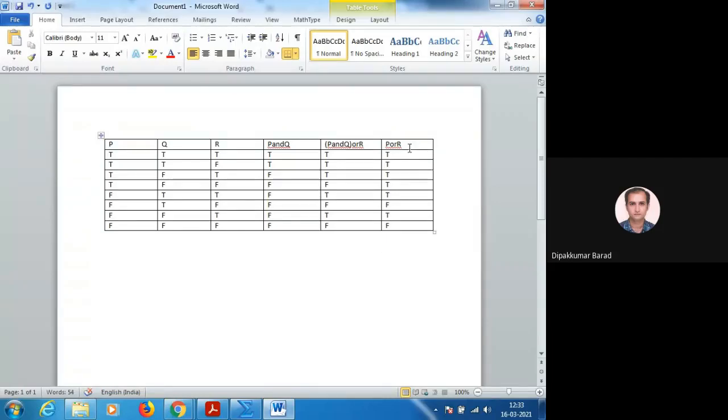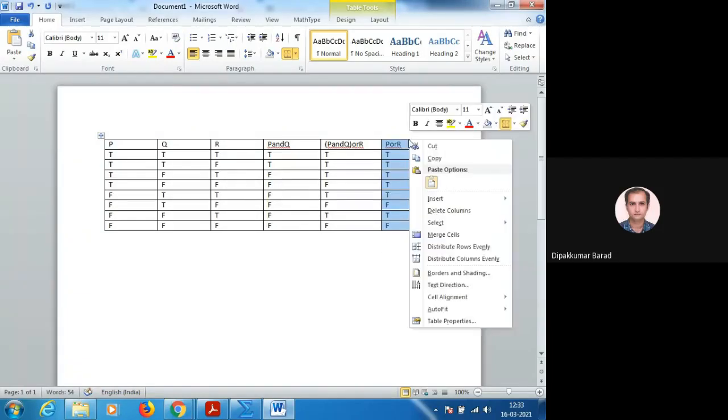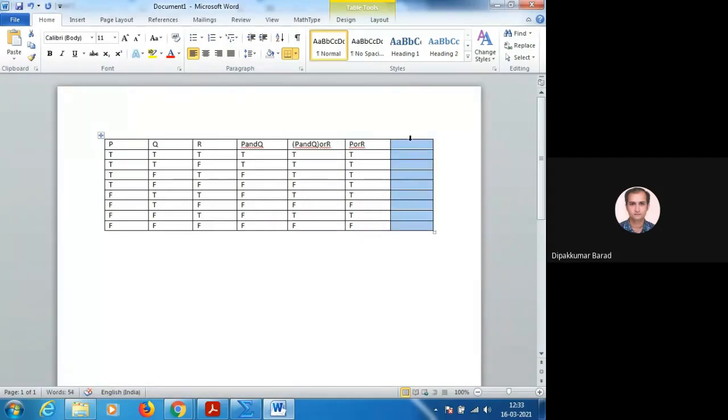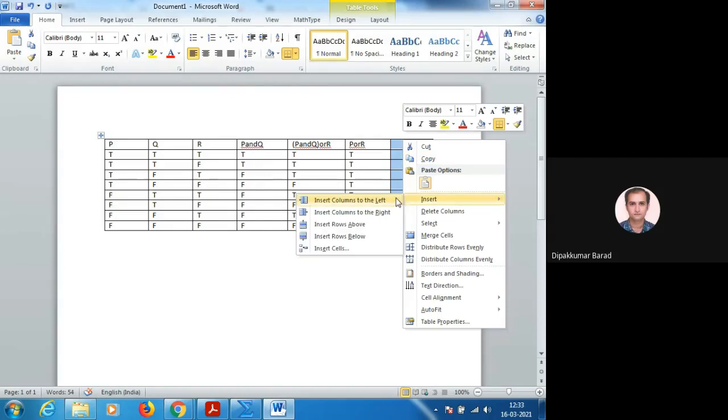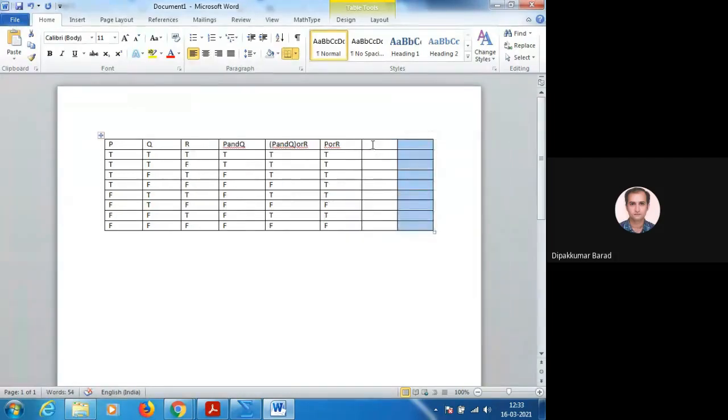Now again I need one more column. So P or R we have found.